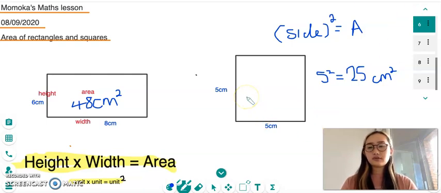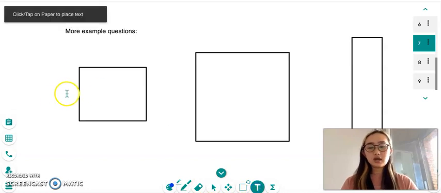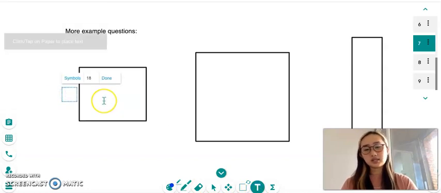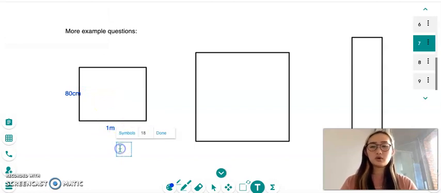If, for example, we have different units on the lengths, you would have to change the units. So I'll do an example on the next page. Let's see. If we have a TV, for example, and this side is 80 centimetres, this side is 1 metre, what is the area?